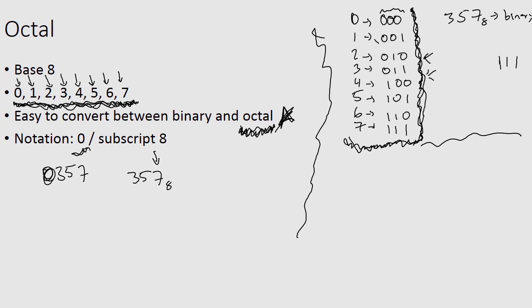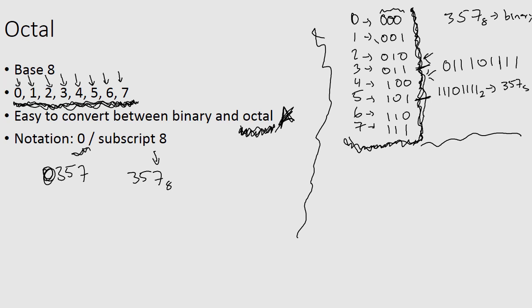Then to the left of 7 we have 5, which is 1, 0, 1, so we add 1, 0, 1. Then we have 3 to the left of the 5, and 3 is 0, 1, 1. So what we have is 1, 1, 1, 1, 0, 1, 0, 1, 1 in binary, which is equivalent to 3, 5, 7 in octal.